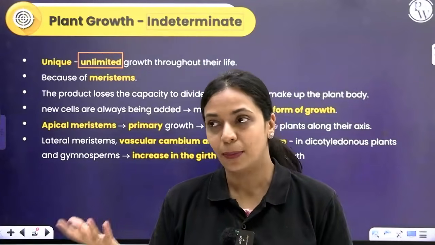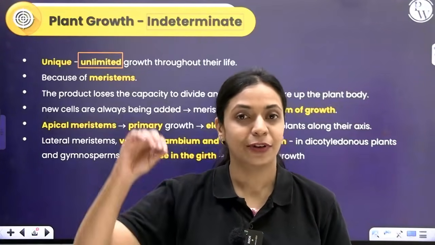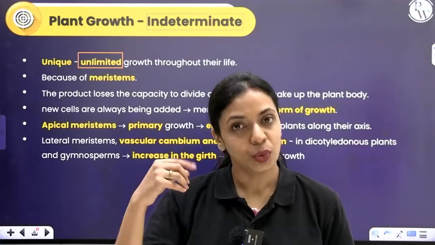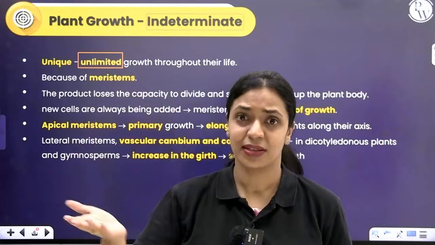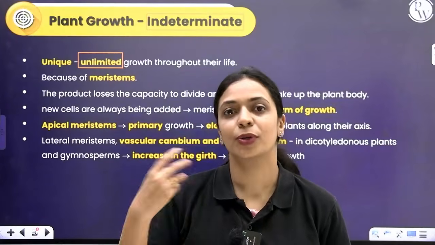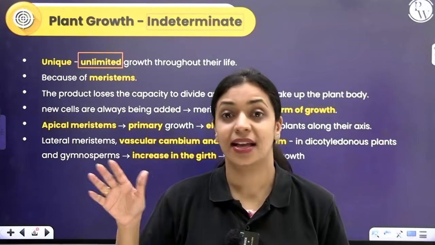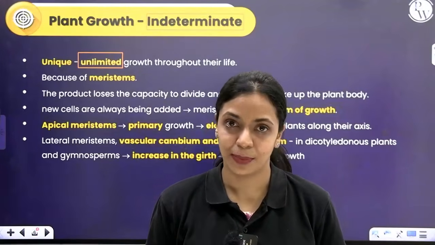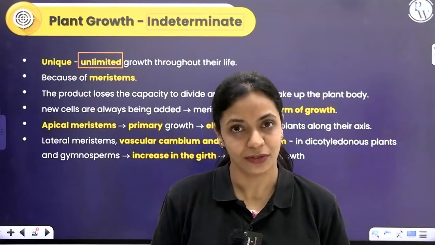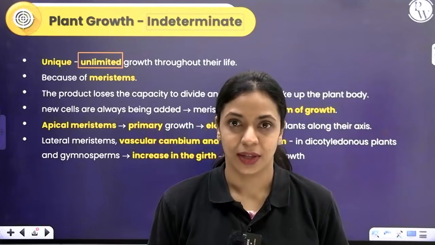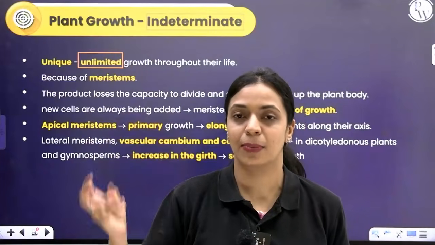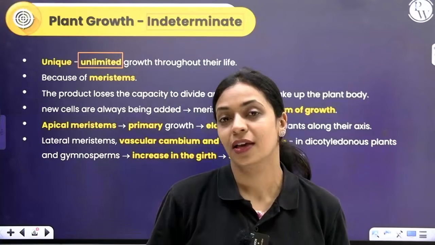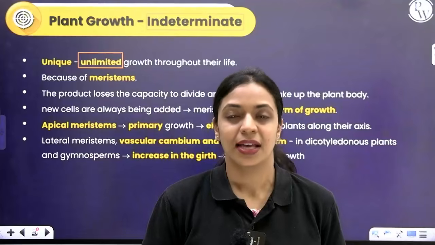Now, if you take a plant, for example a tree, if a leaf falls off, a new leaf can form. If a branch gets cut off, or we ourselves cut it down, it will form newer branches. It has that ability. We don't have that ability. If our arm gets cut off, you can't develop a new arm, right? If your eye gets removed from your body, our body lacks the ability to synthesize that part again, which is not the case with plants.